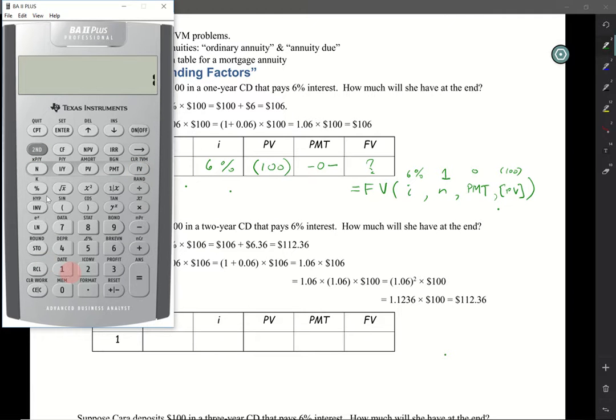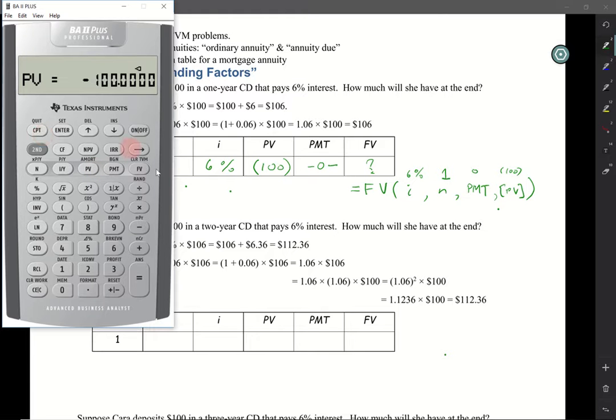Now that the TVM registers are clear, put the 1 in there, put the 6% in there, put the 100 for the present value, and now when we compute the future value, we should get this negative 106. And again, that's because we put in a positive 100, meaning that we're going to receive 100, and so we have to pay it back in the future.